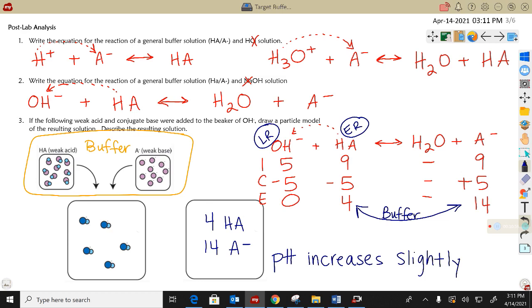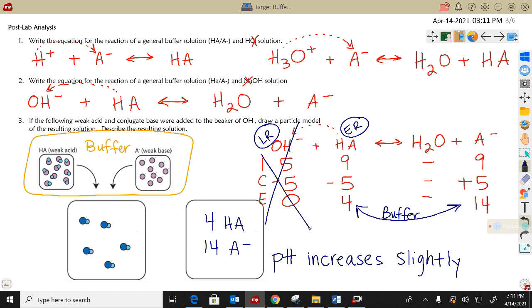Then I would just plug it all into the Henderson-Hasselbalch equation to get the new pH. Isn't that interesting? The key with a good buffer is that we got rid of all this strong base. That's gone. We're going to form a little bit more of the weak base, but it's a weak base, which should have less of an impact on my overall pH.